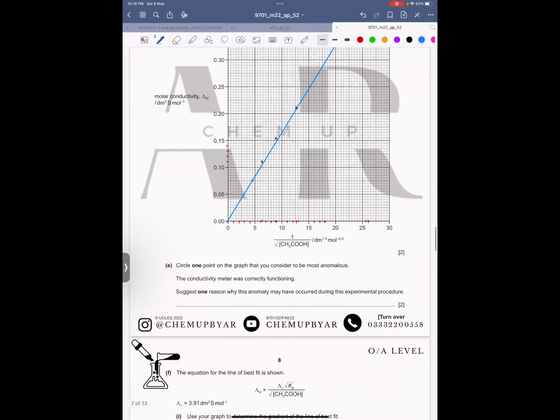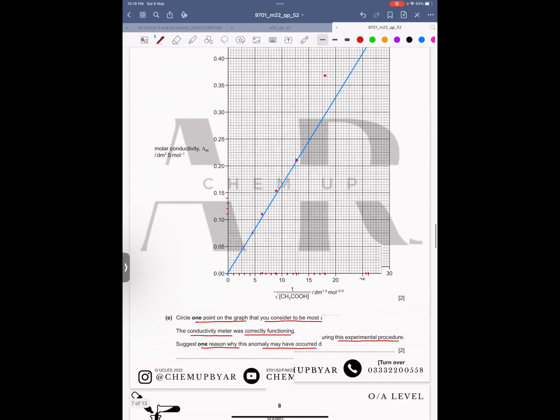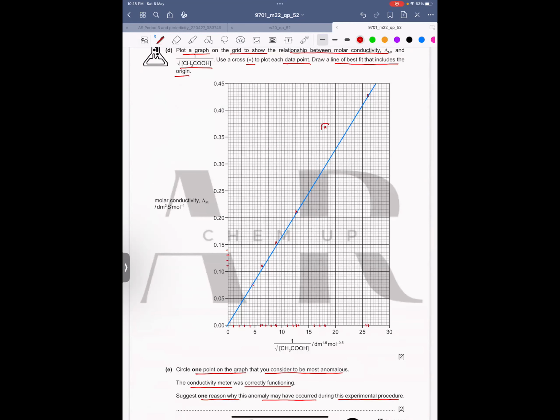Now, circle one point on the graph that you consider to be most anomalous. The conductivity meter was correctly functioning. Okay, they have told you it means the conductivity value is correct. Suggest one reason why this anomaly may have occurred during the experimental procedure. So I have to first circle it. So I have circled it over here.